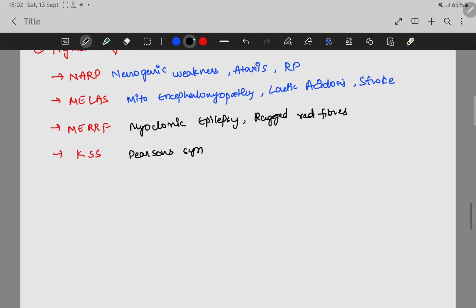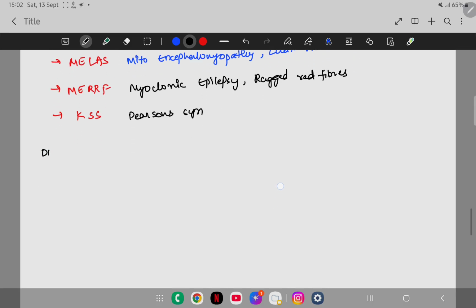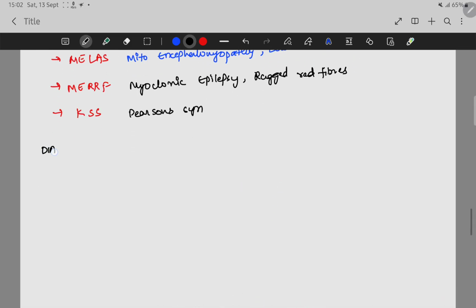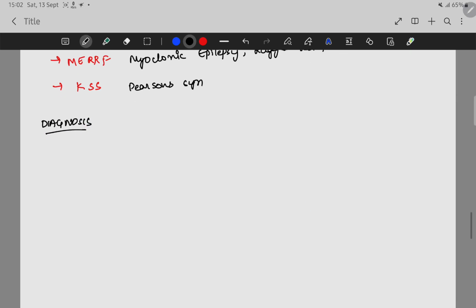Coming to the diagnosis part. It is based on the clinical picture, which can be either a classic presentation or non-specific.